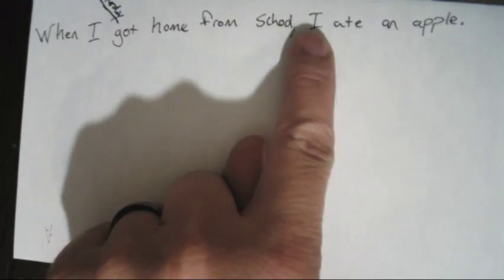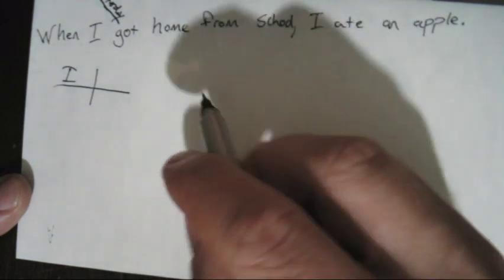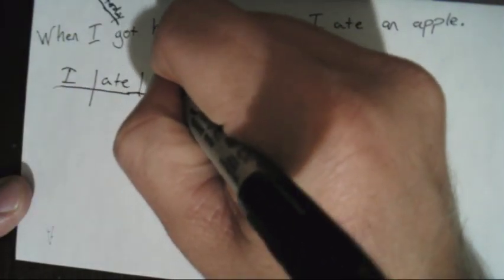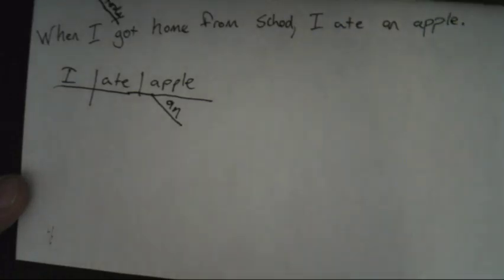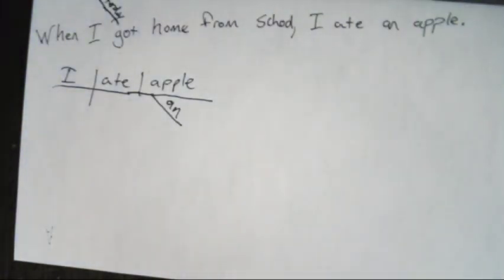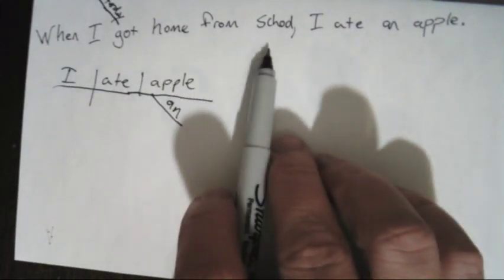So what's actually happening is I ate an apple. Well, that's easy enough to diagram, right? I is the subject. Ate is the verb. We've got a direct object. Apple. And an is modifying apple. I ate an apple. Now, we've got this clause, when I got home from school.